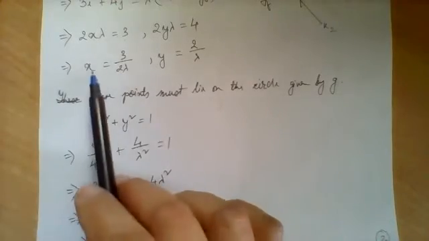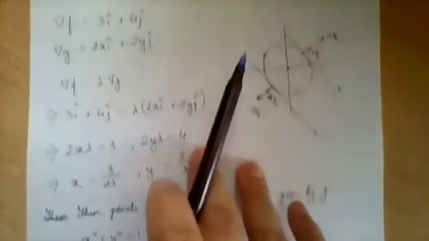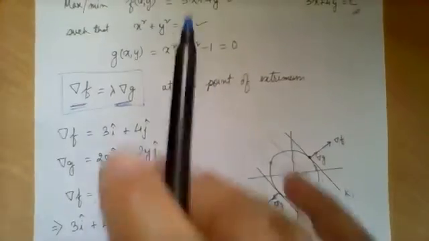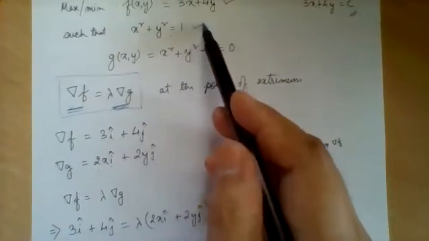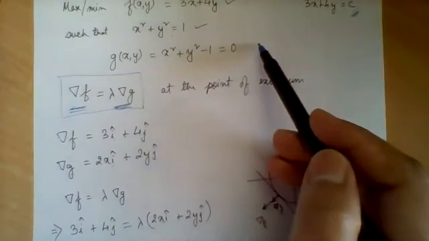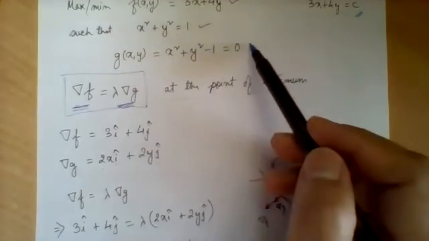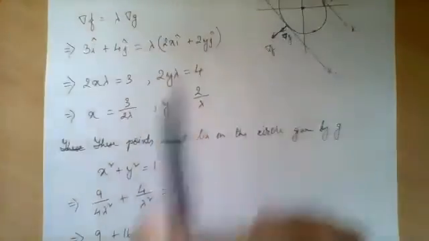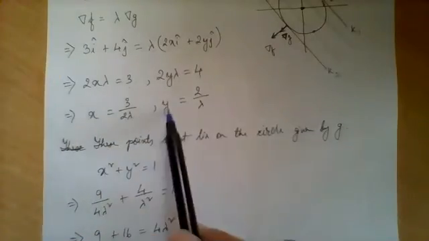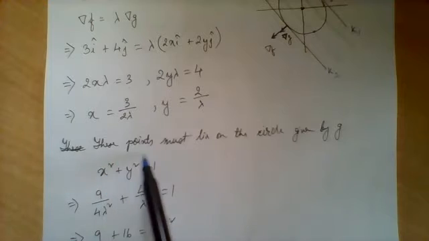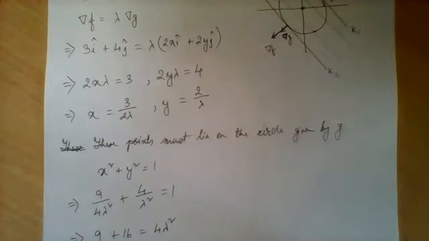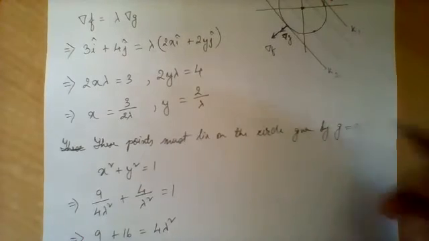Next step, I should substitute these two values of x and y in the constraint equation. So these points must lie on the circle given by G equal to 0.